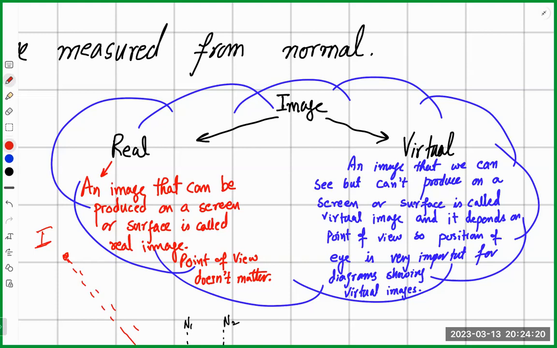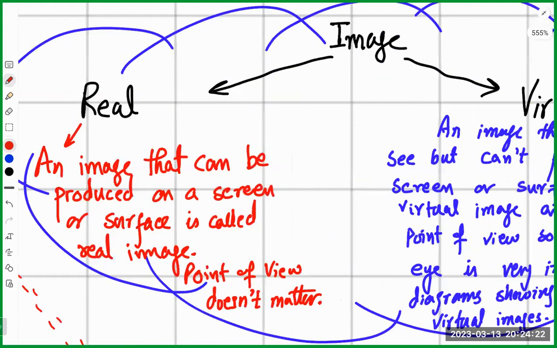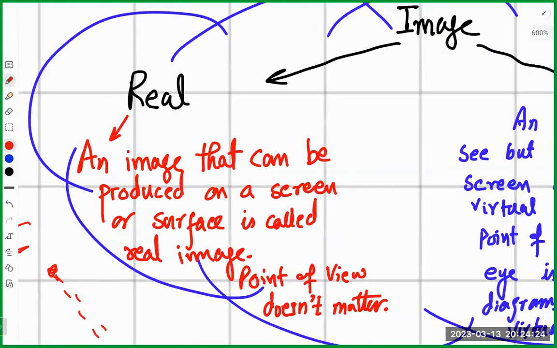Let's see what real images are. Real images are those that we can produce on a screen, for example, the image of a projector, because we can project it on a surface. Those images will be the same no matter where you look at them, so they do not depend on your point of view.